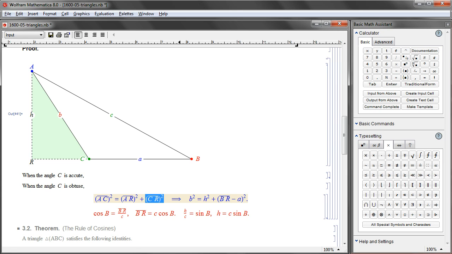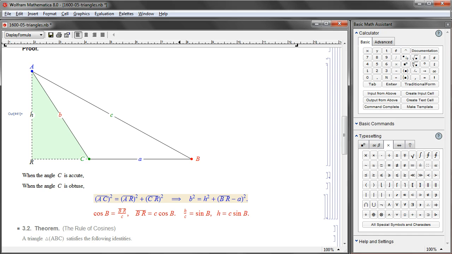Then a, small a, is just going from B to C. Do you see that? This is the same as BR minus BC. Then you're going to get the CR, the horizontal side for this blue triangle. But BC is equal to a, so we get this result.